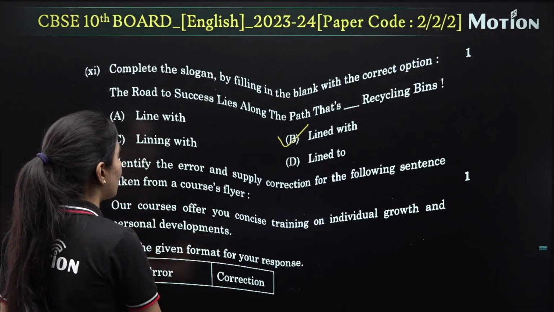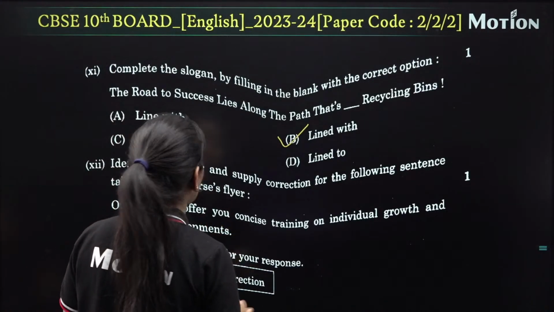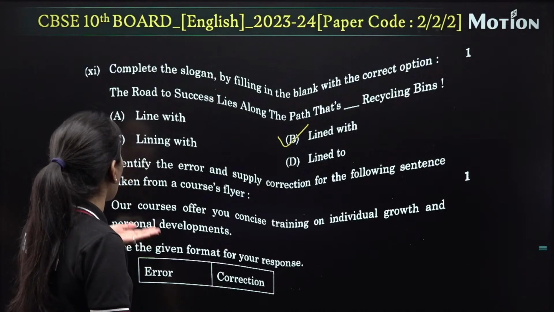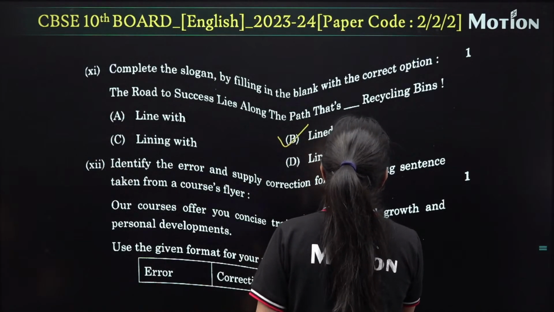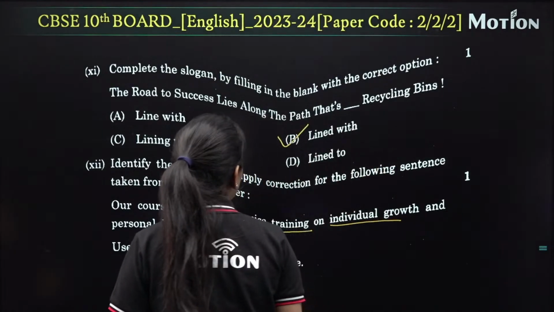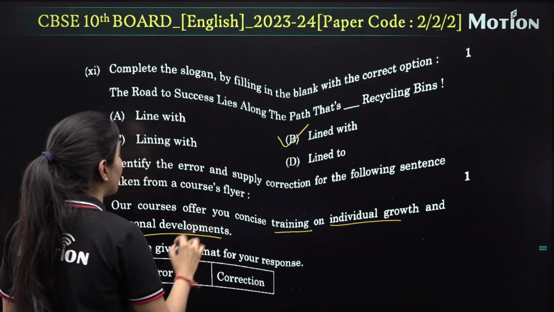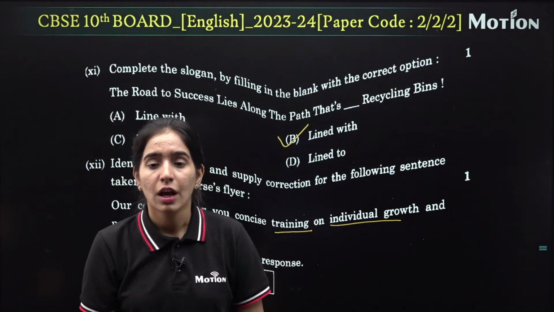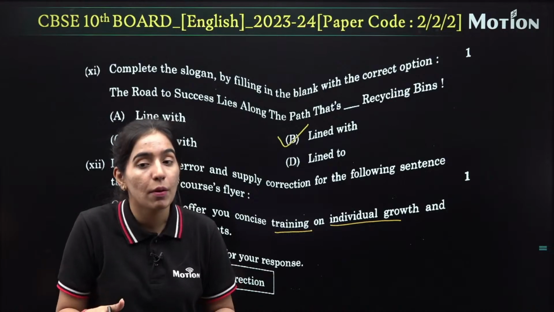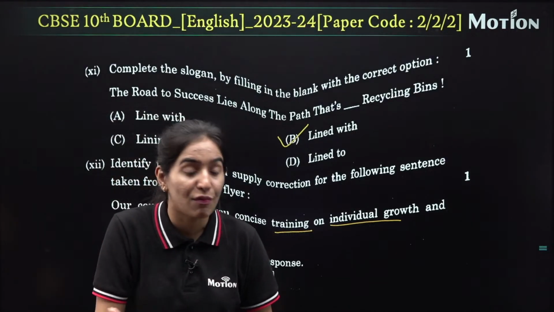Okay, the next question, the last question from the grammar section, is: our courses offer you concise training on individual growth and personal developments. Have you ever heard personal developments? Okay, we always say personality development or we say personal development.